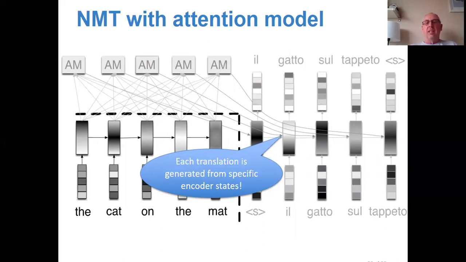So if we have an English word like bank, for example, we don't know whether that's going to be translated into, let's say, French as the bank of the river or a financial institution. But if I can look ahead and find a word like river, then I know that I ought to translate that as riverbank, not financial institution. If I look ahead and I find a word like money, then I might translate that as financial institution and not riverbank.